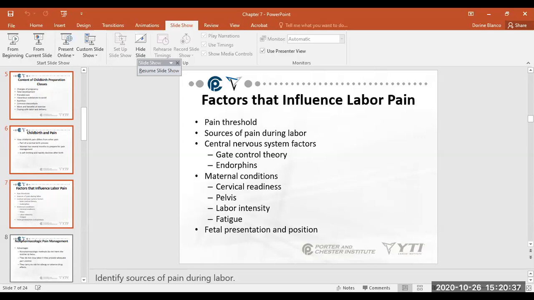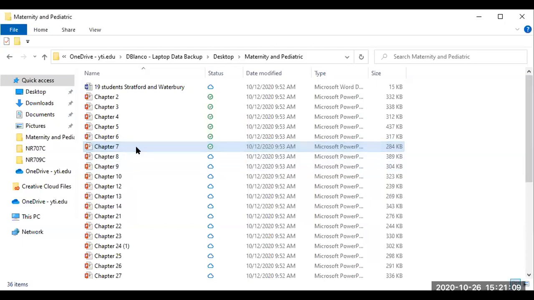Okay. So again, we always look at the non-pharmacological. Slides get on my nerve, and I don't know why that happened. Share screen. It's like I lost chapter 7. There we go, that's chapter 6.